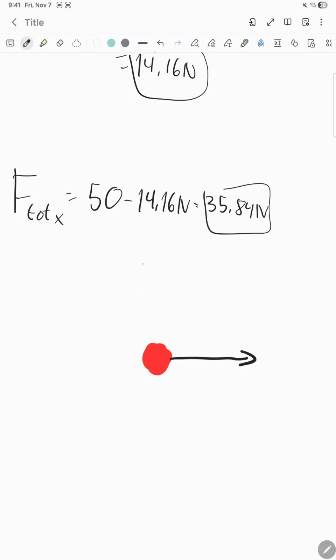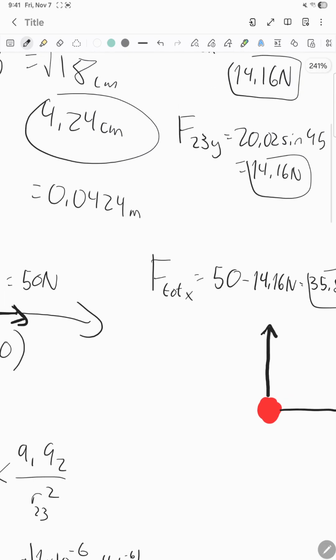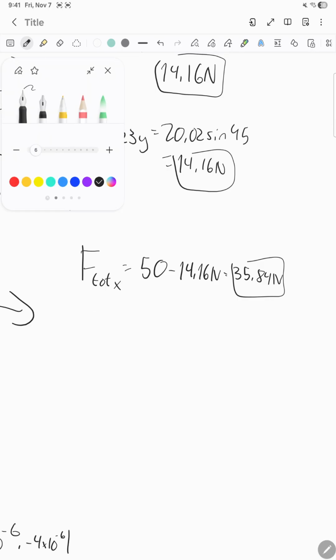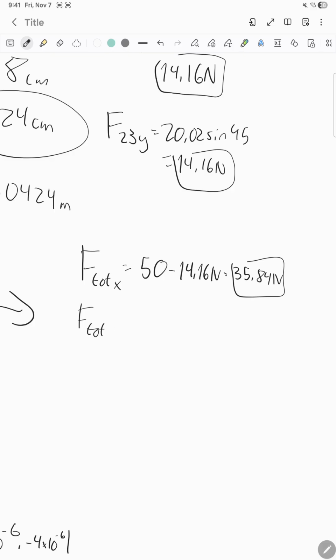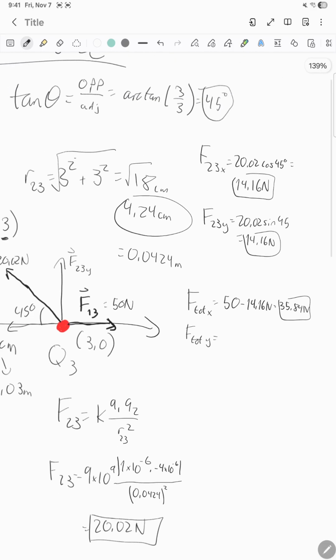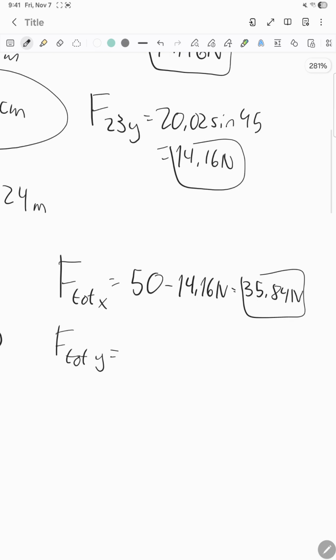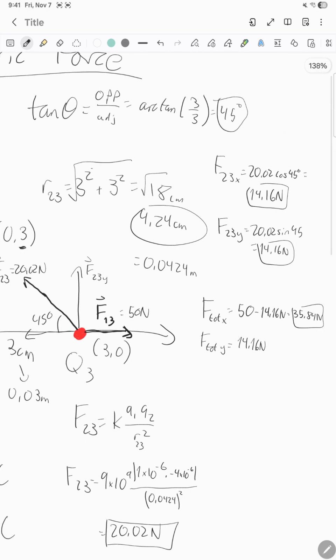But you also have another force going this way, which the total force on y will calculate. F total for y will be what we just calculated, because there's only one y vector really in this.